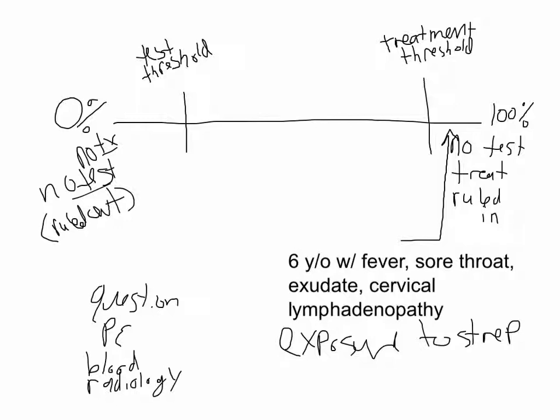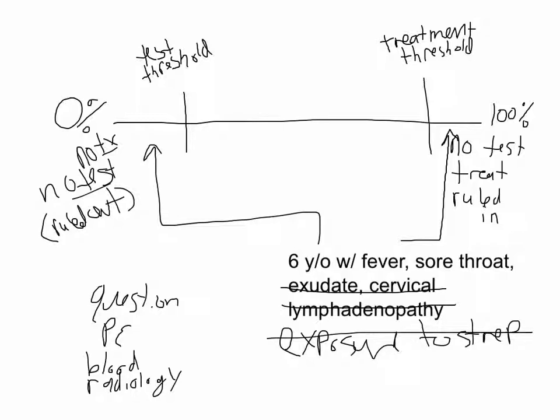On the other hand, imagine that they had fever and sore throat only. None of these other symptoms. This is simply a cold. You don't need to treat it for strep. The probability that they have only a cold is fairly high, and so no further testing is needed.